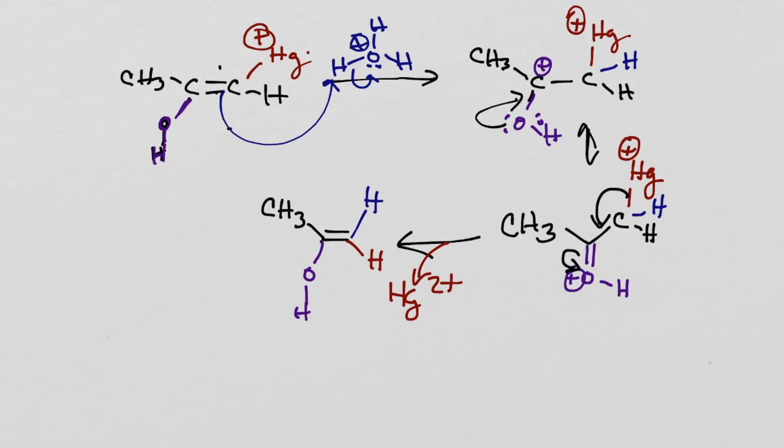Now, this is our enol. And this is what we need to tautomerize in the next step to make the keto form, which is what we're going to think about as the product. So again, here's our enol form.